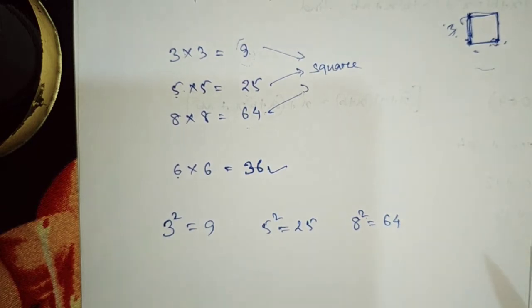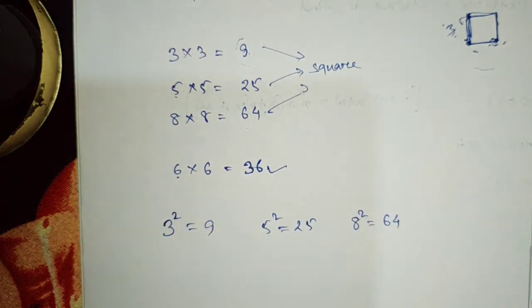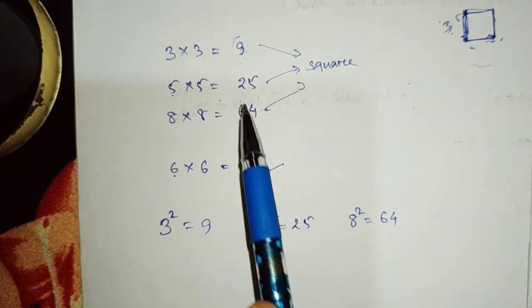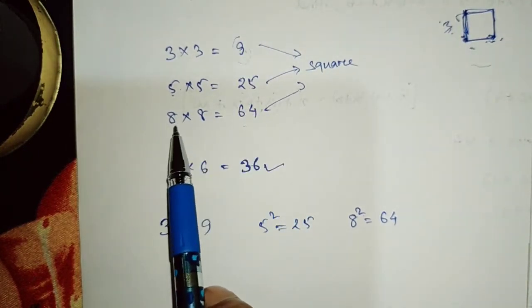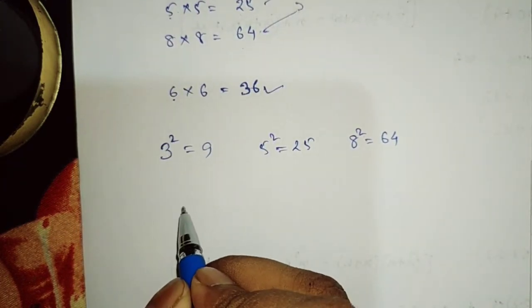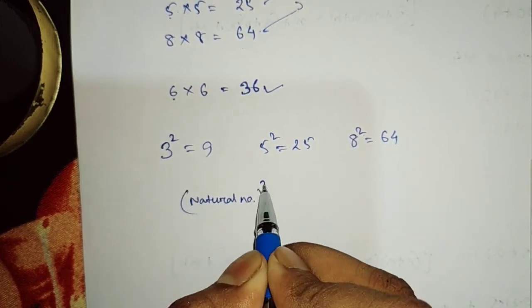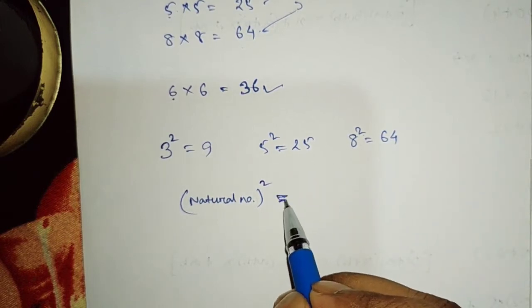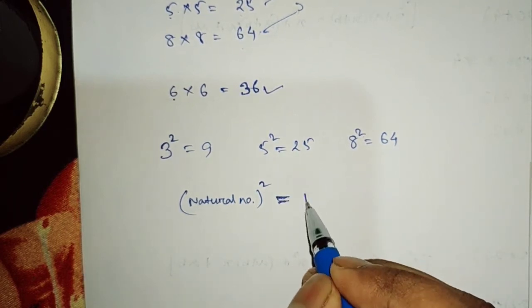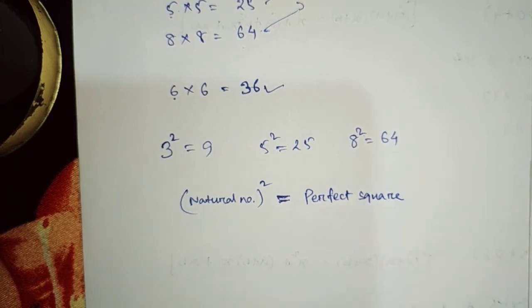Now what is so special about these numbers 9, 25, 64, 36? These square numbers arrive from natural numbers.